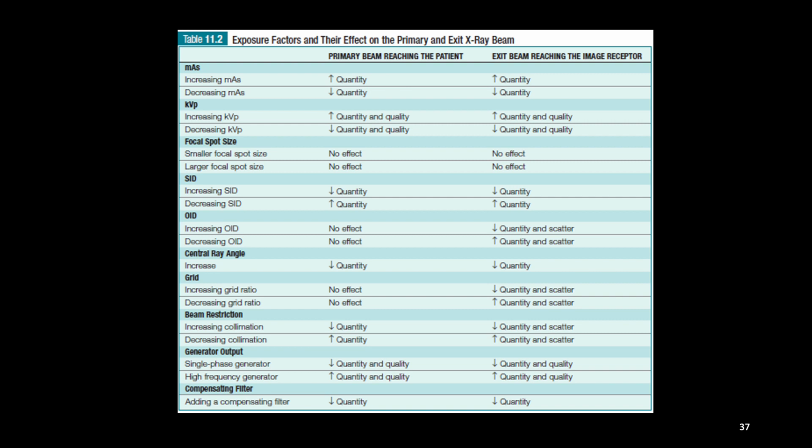Your central ray angle, if you increase the angle, it will decrease quantity of both. And for grid, if we increase grid ratio or decrease grid ratio, it has no effects on the primary beam reaching the patient, but it does have effects on the exit beam.